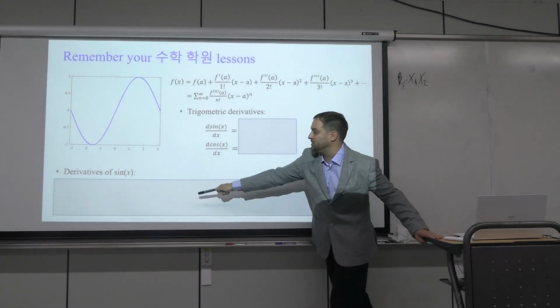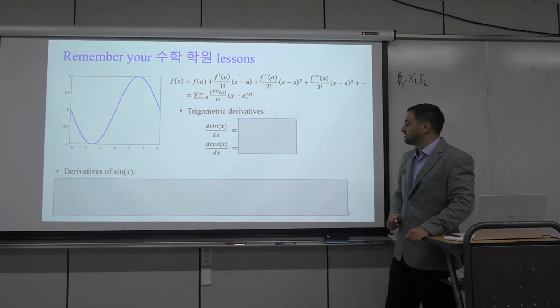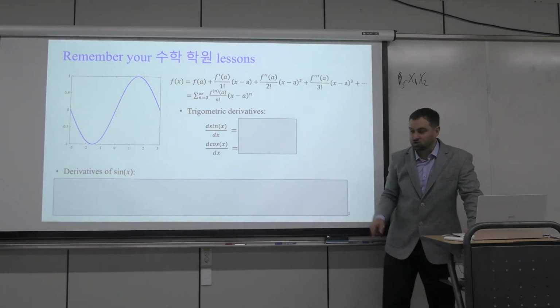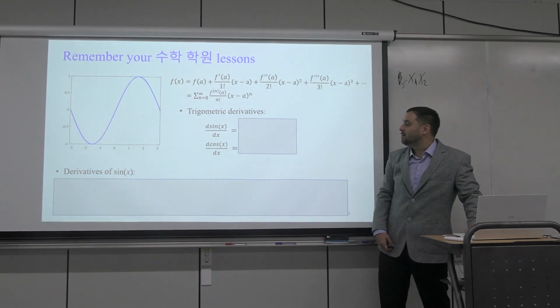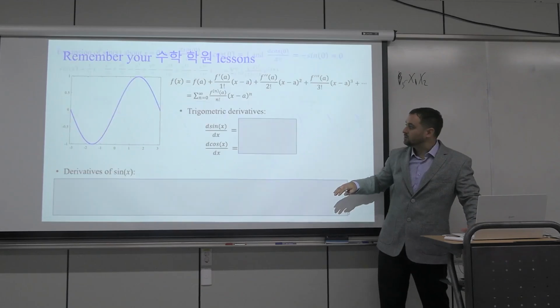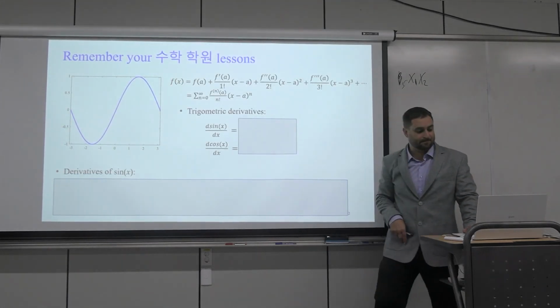Follow the equation. What are your derivatives of sine of x? So I'll give you a minute or two. I'm actually not going to tell you. You got to get your mind working. And so please pause the video and fill in the blanks, okay?